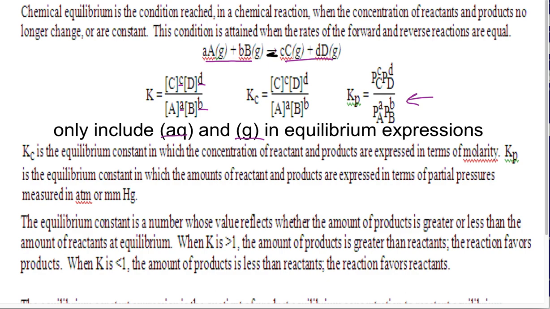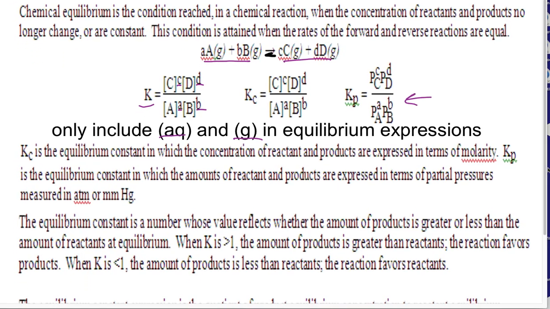When you see K by itself, it's going to mean Kc with concentration. They'll never ask you for a Kp and not put a little p next to it. If there's just a K by itself, assume it's the concentration of products over the concentration of reactants. All right?